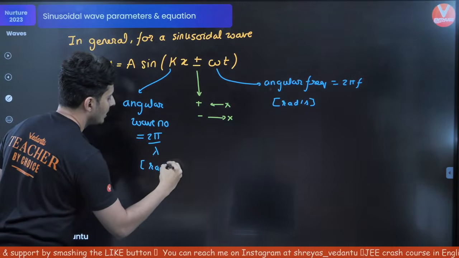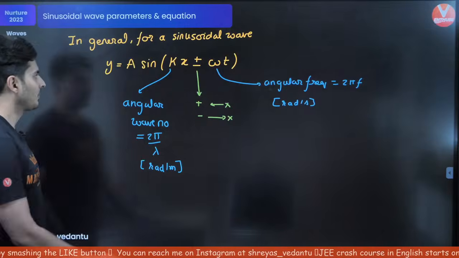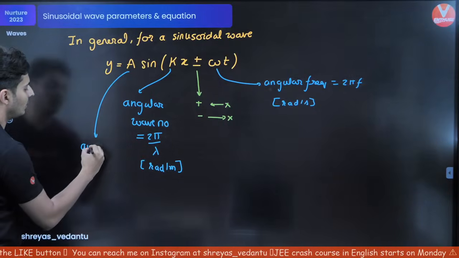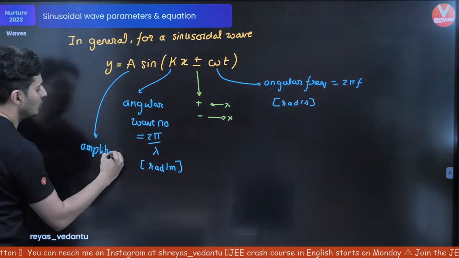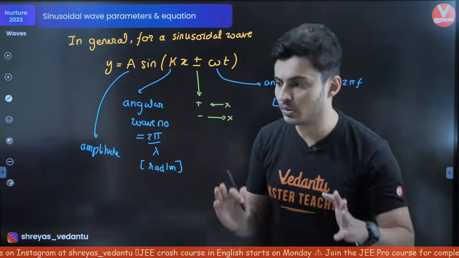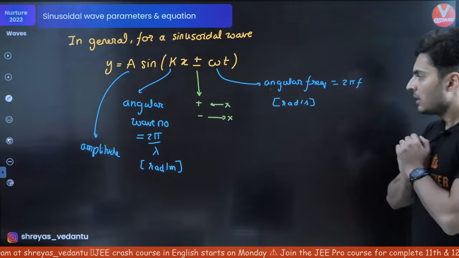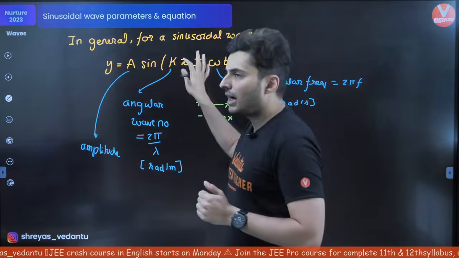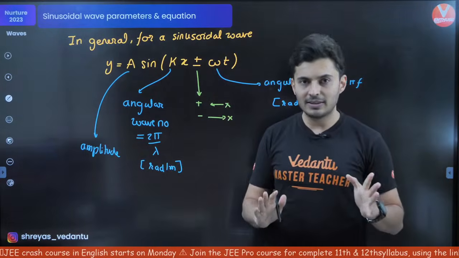This is nothing but radian per meter. And this one obviously is nothing but your amplitude. This is something which you should know. Fair enough. Are you getting a general idea of what a sinusoidal wave equation looks like?